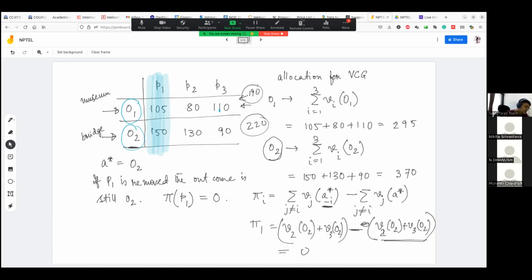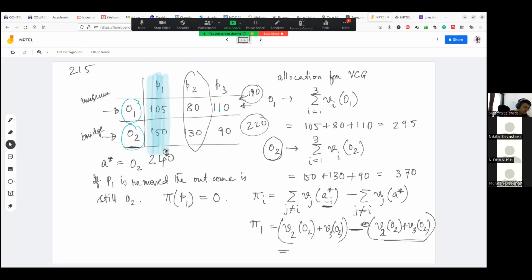Now let's look at player 2. Let's imagine that player 2 is not present anymore. Then what happens? Can you find out what the allocation is now? The sum of the values now becomes 215 for O1 and 240 for O2.